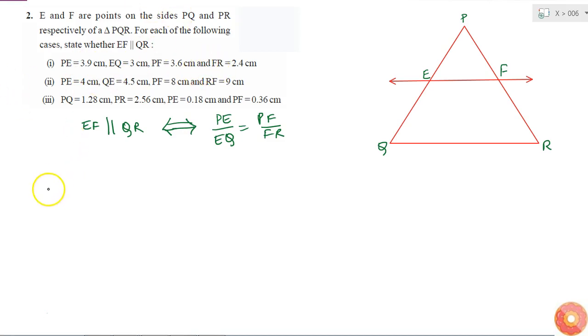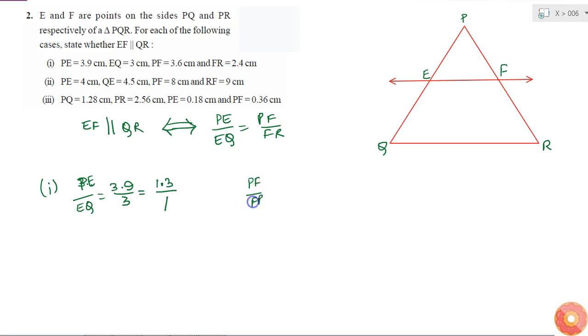So to state whether EF is parallel to QR, let me find the ratios in each of these four cases. In the first case, PE is 3.9, so PE by EQ is equal to 3.9 by 3, which, if I divide by 3, I will get as 1.3 by 1. And what is PF by FR?